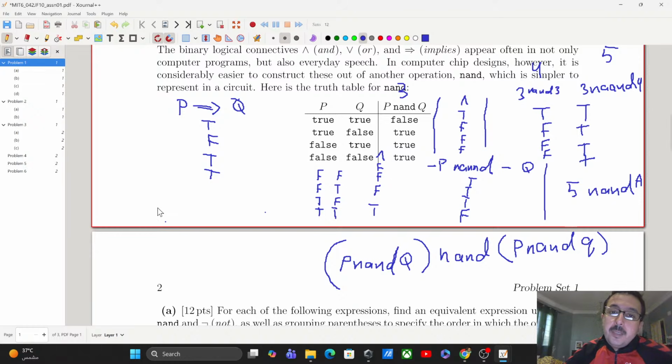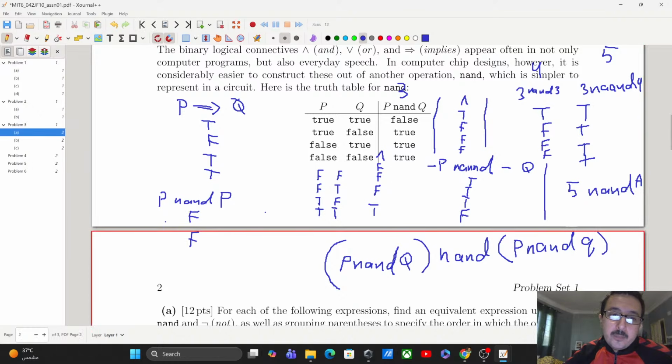So P, NAND P, P, NAND P equal true, true, false, true, true, false, false, false, true, false, false, true. The answer is easy, huh?